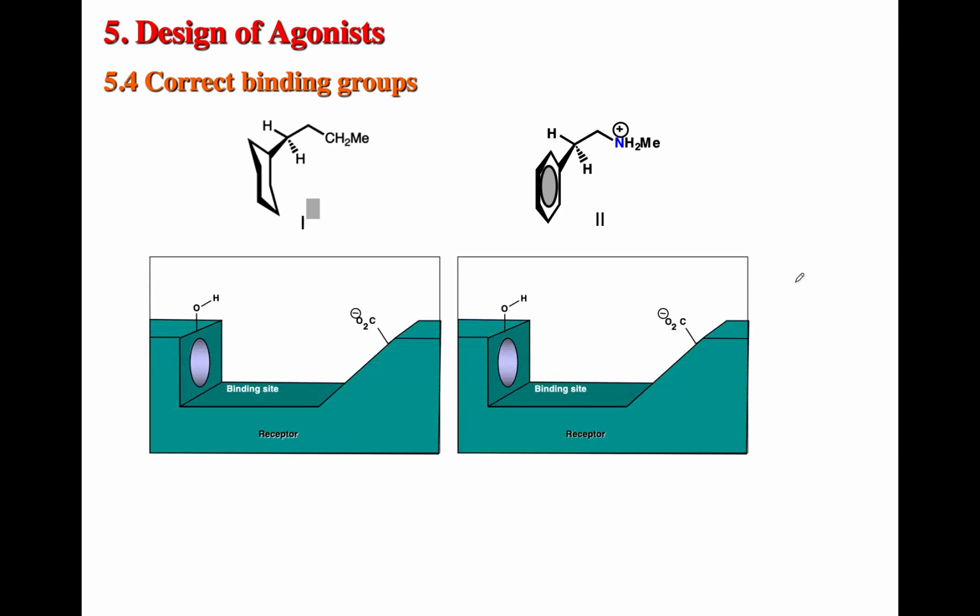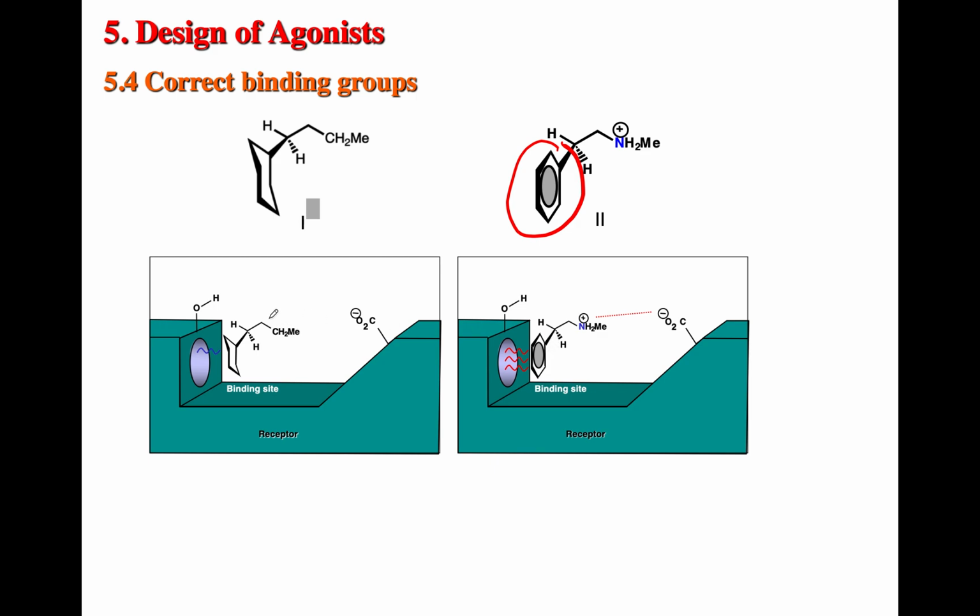So for these two molecules here, let's look at first of all this one here, number one, coming into the binding site. We can still have some van der Waals interaction, but not as much as we would have with this ring here. When you compare it with that, you actually have more of the binding interactions here.